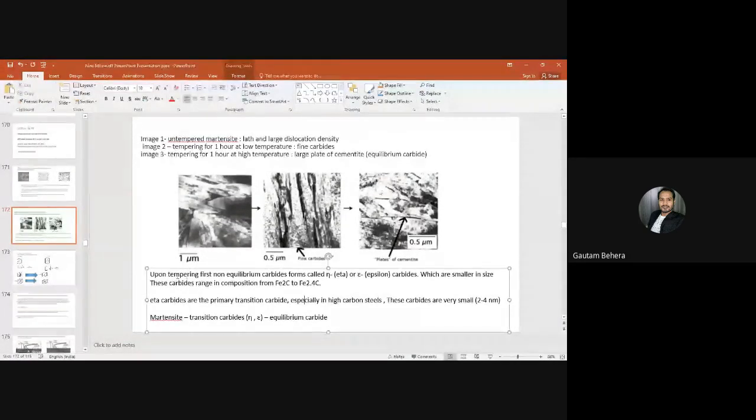You can see what is written over here. Upon tempering, first non-equilibrium carbides form, like eta or epsilon carbides, which are small in size. The composition of this carbide ranges from Fe2C to Fe2.4C.